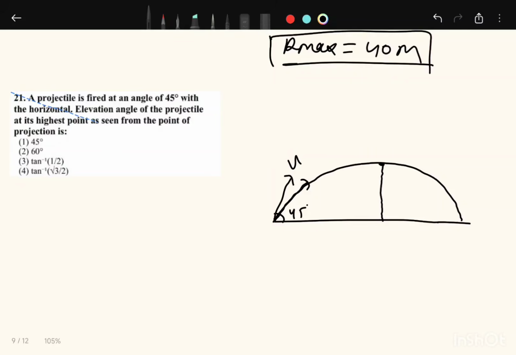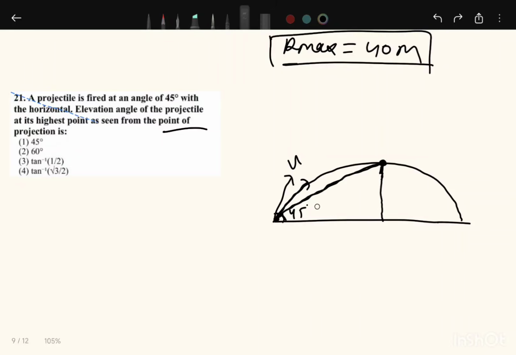We have to find the elevation angle. So what will the elevation angle be? It is asked from the point of projection. So the elevation angle is what you get if you are looking at your projectile from there: what angle does it make with the horizontal? So this angle we have to tell. The 45-degree angle is not the elevation angle.